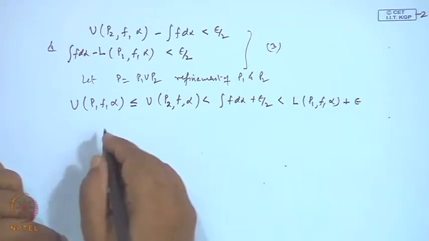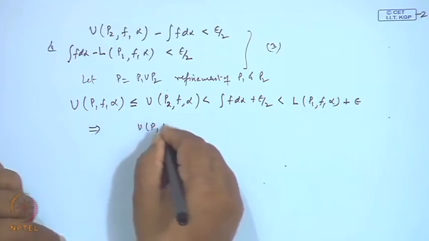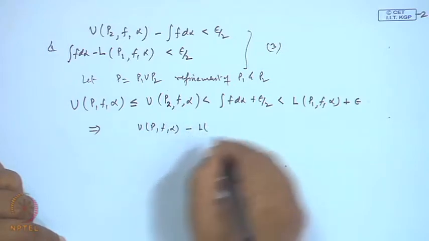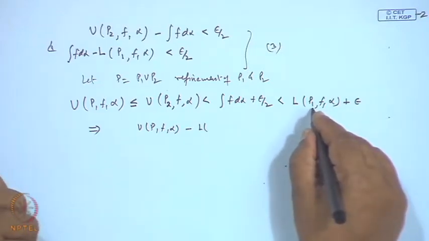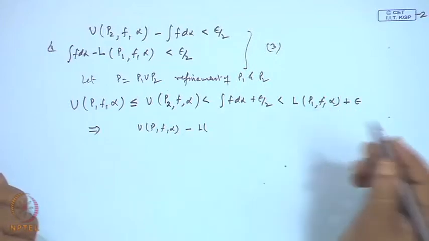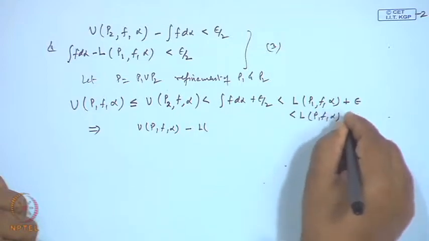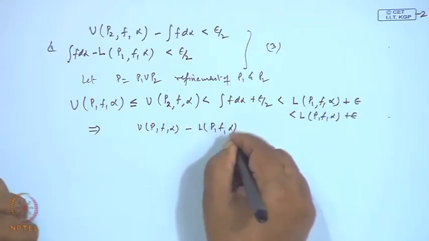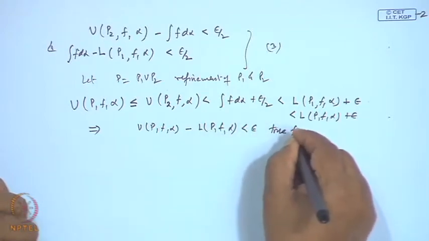So, what we get from here is U(P, f, alpha) minus L. One more thing is, because the lower sum increases for the refinement, this is further less than L(P, f, alpha) plus epsilon. So, this minus this is less than epsilon, at least this is true for this partition P.